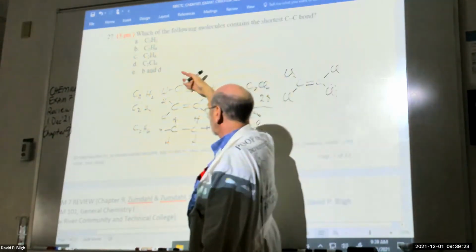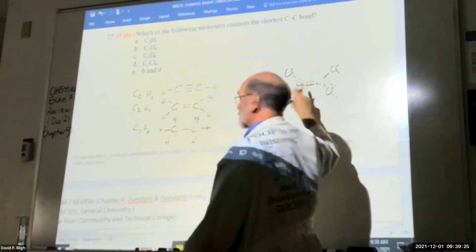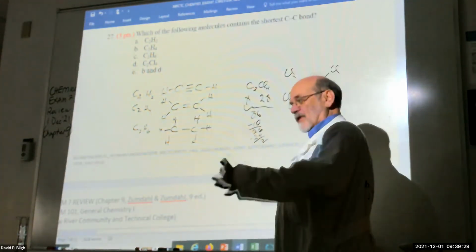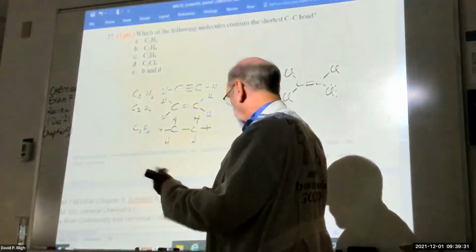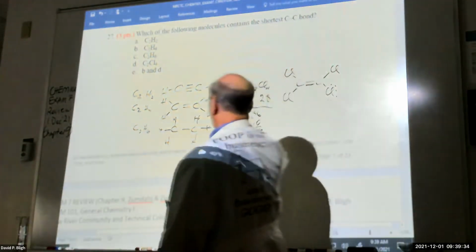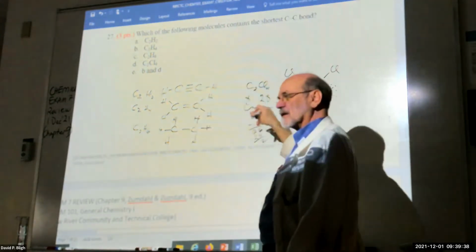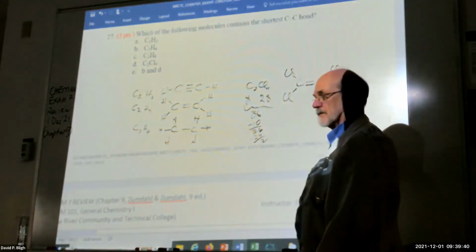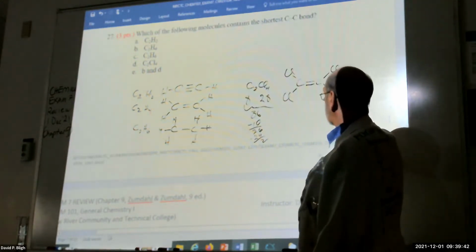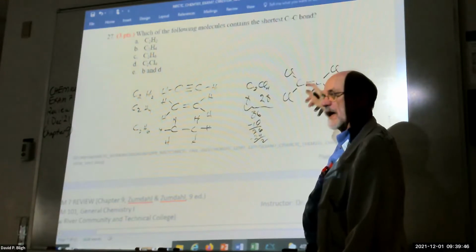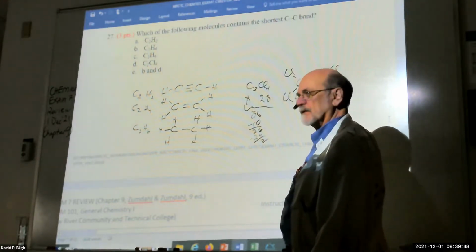If we didn't have this one, then we'd have to say which one of these would make the stronger bond. And if that were the case, I'll just use this as a teaching moment. What you find is hydrogen electronegativity is a lot less than chlorine. So the chlorine would tend to draw electron density away from those carbons and weaken the bond.